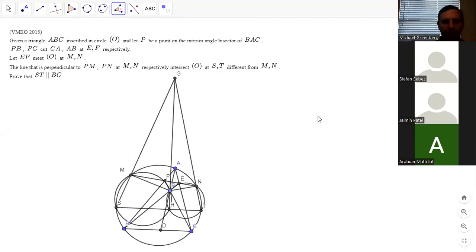Okay, so yeah, that gives us a lot of information. I feel like, yeah, we have to use somewhere that P lies on the angle bisector. Yeah, I like adding that point.